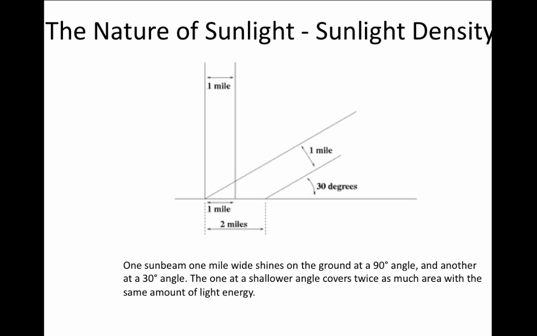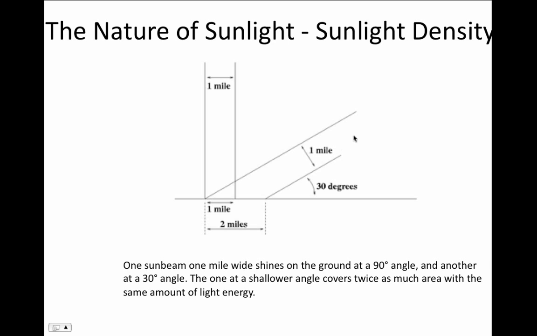And then we talked a little bit about how things change when you're at a different angle to the sun. So let's take a look at that. If you've got the sun coming directly overhead onto the Earth, then a 1 mile wide beam of sunlight is spread across a 1 mile length of surface of the Earth.